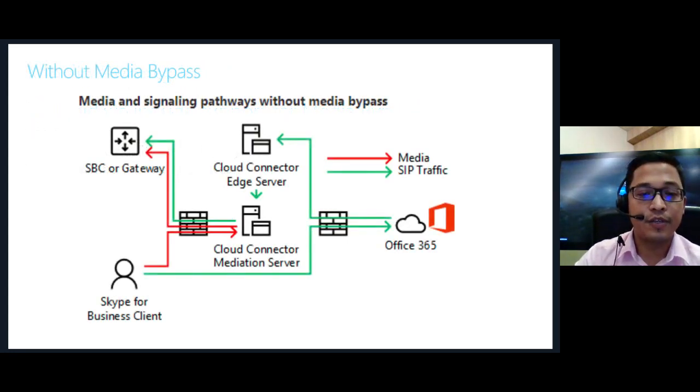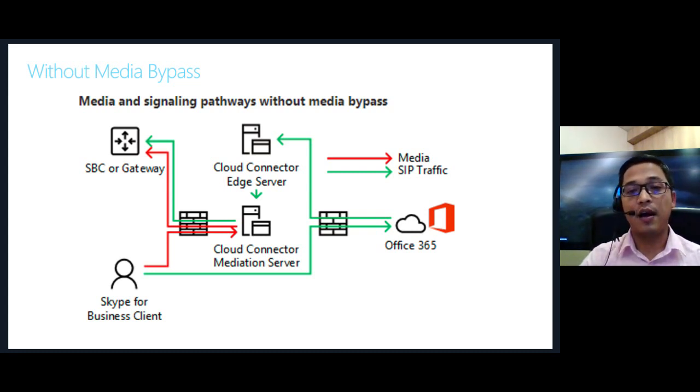Now, if you can see in the picture, the media flow: the Skype for Business client places a call to an external number. Media flows from the Skype for Business client to the Cloud Connect mediation server, and then goes to the SBC gateway, as shown in the following diagram. Okay, so the media path is always between the Skype for Business client, the mediation server, and then through the mediation server to the SBC gateway. In this scenario, we do not enable media bypass yet.